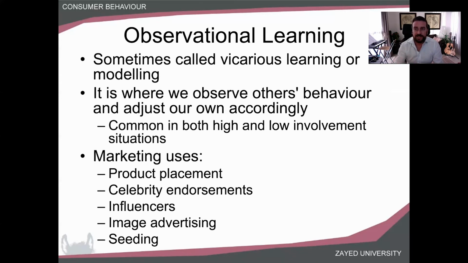We also see this technique used in product placement, in branded entertainment. For example, in a Bond movie, you will see the brands heavily used, for example, the car that James Bond drives.